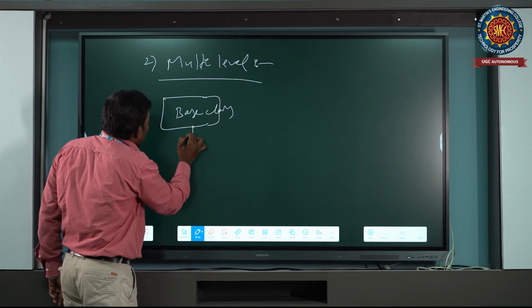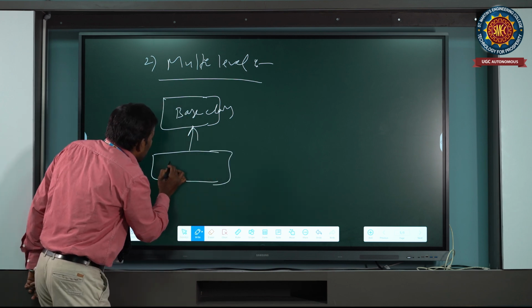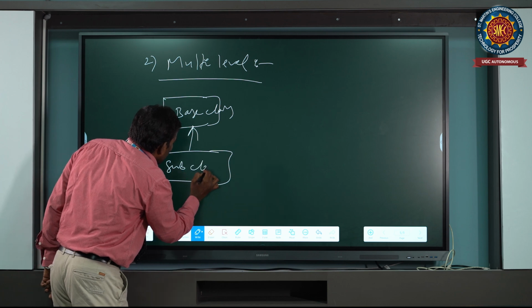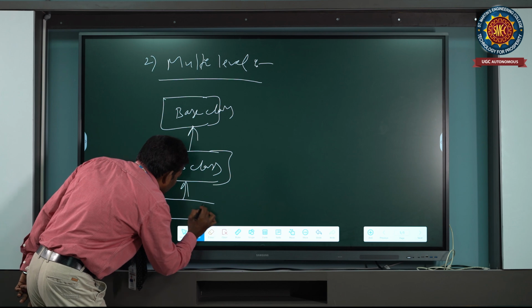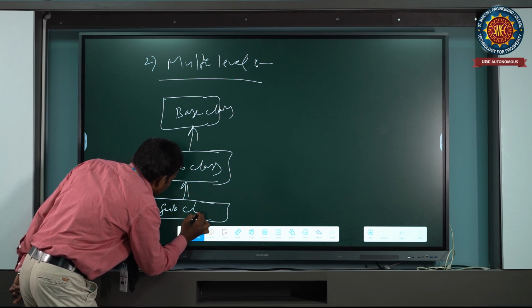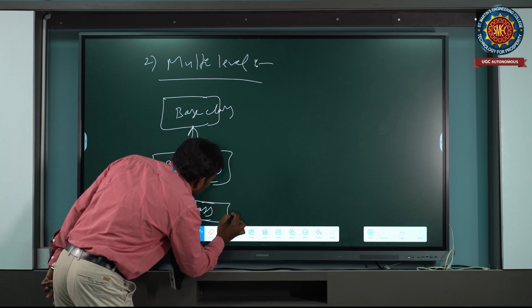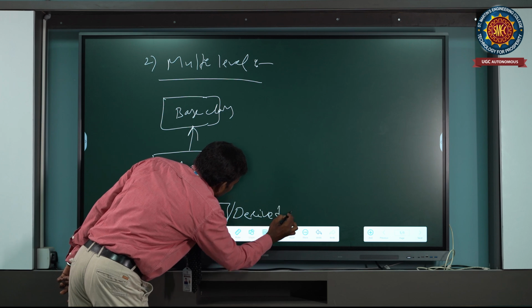From the base class, we can again derive a subclass. Again, from this subclass, we can derive one more class, and that is called multi-level. Again, we write the subclass, or we call it the derived class.